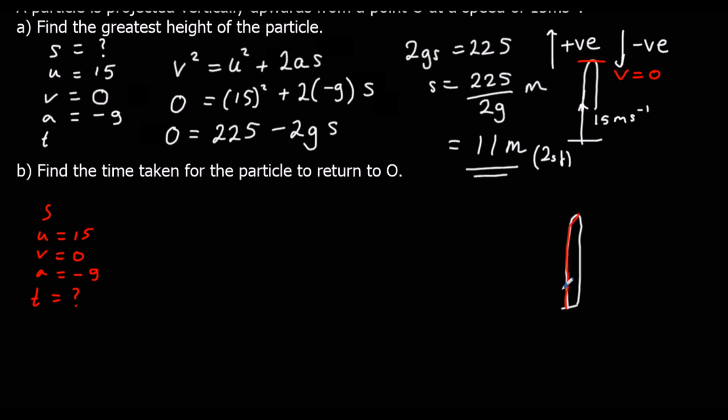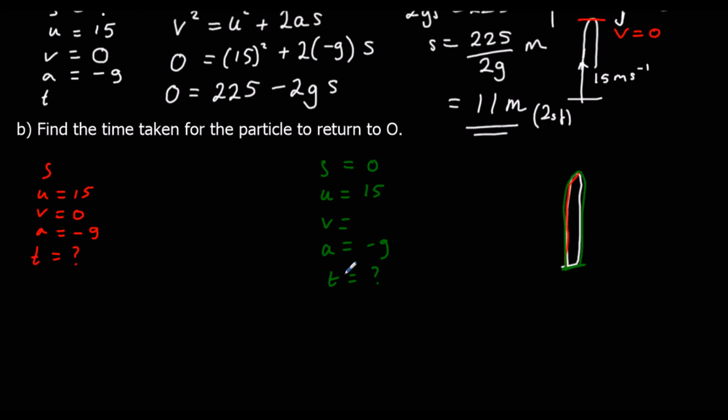There's another way of doing it, which is usually the more complicated way, and that is to do the whole motion in one go. That will be where s, displacement, is 0. Because it started at O and it's finished at O, it's moved nowhere. It's got no displacement. In that case, u would be 15, a would still be negative g, and we would work out the time.